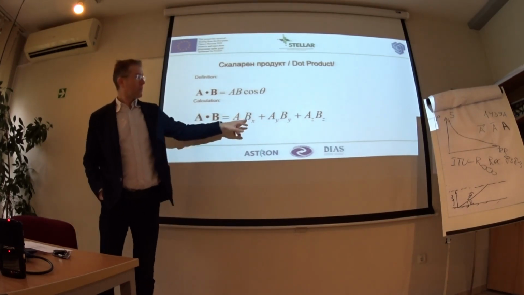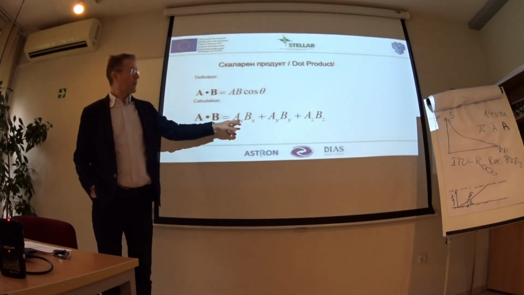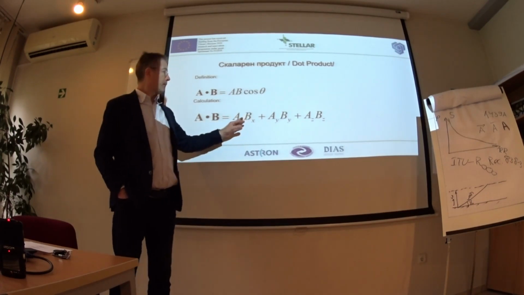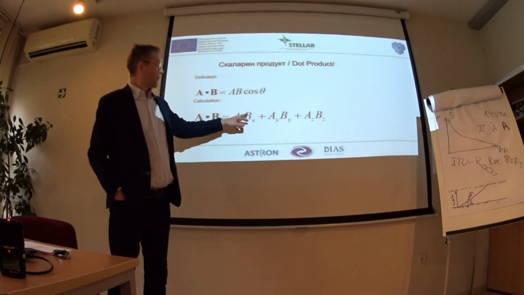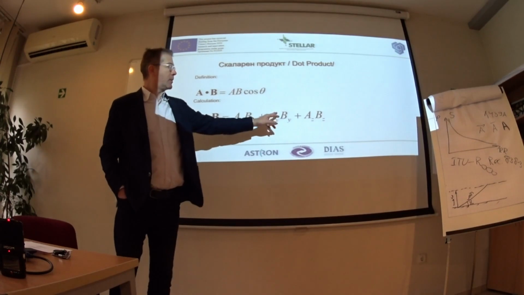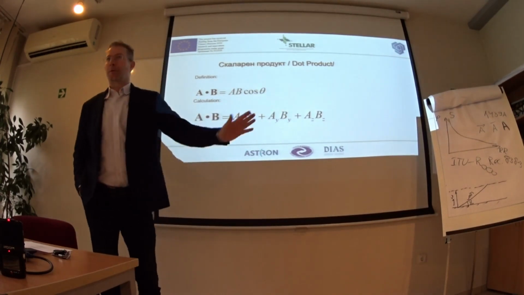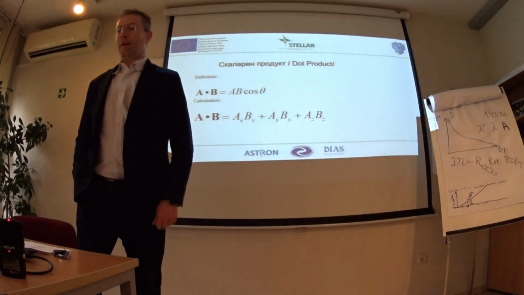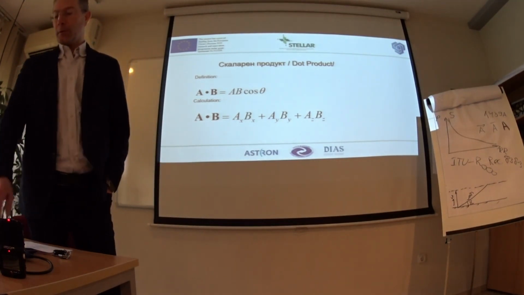So, multiply the x components, y components, and z components, and you're done. You calculate the scalar product or dot product.